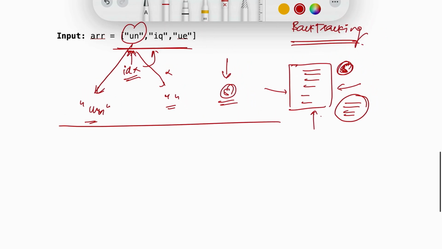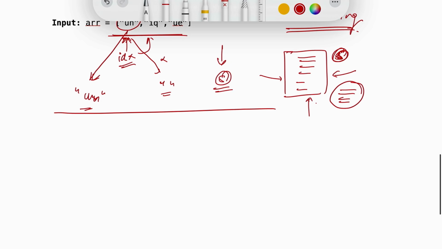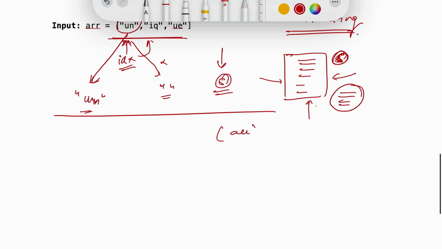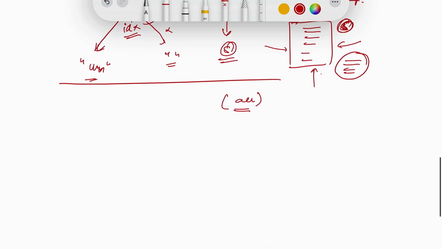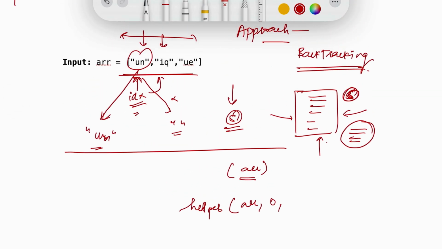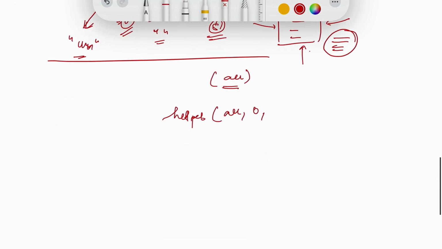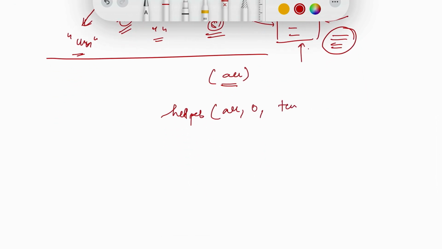Okay, so if I try to write the code logic for that, let's say our function is given to us where the input is ARR, and we can write a helper function where we will pass the array, and what else do we have to pass? The index, from where we have to start the call. We will start from index 0, and we also need to track a temporary string, and this is a list of strings.